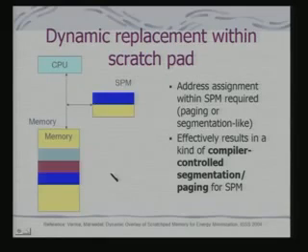This results in a kind of compiler controlled segmentation or paging for SPM. Here the OS is not really coming into the picture, but the compiler is, because the compiler is mapping the different components of your code in memory to SPM depending on the requirements.